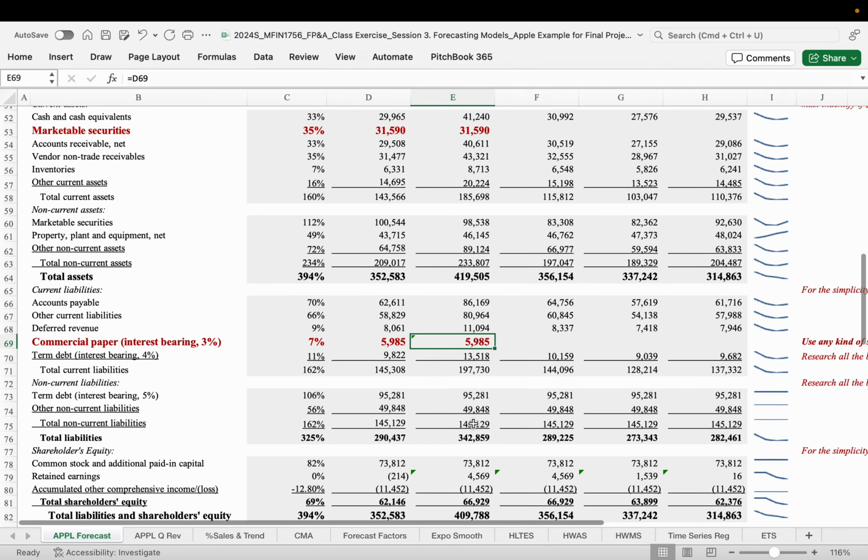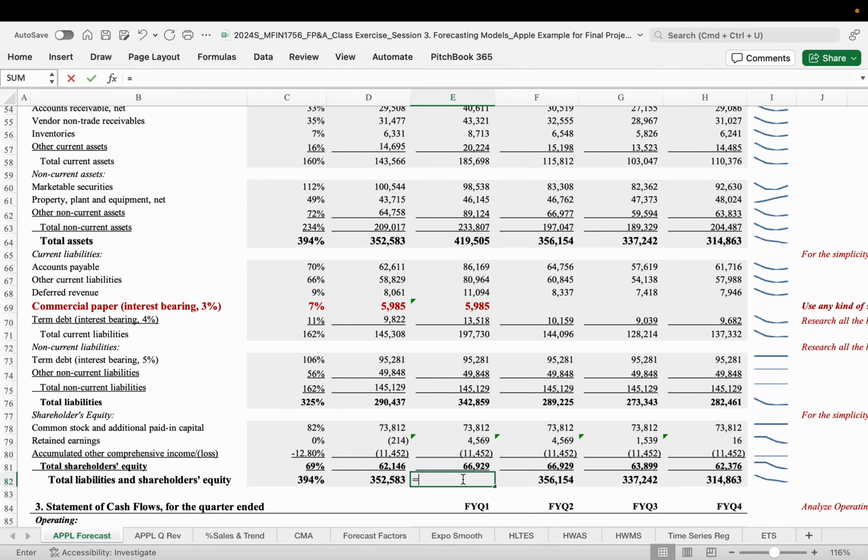Commercial paper. Now, first, what you have to do is to link this total asset and the total liabilities and equity. We balance it out first, and then this number should now be calculated, right? So how do we calculate this?